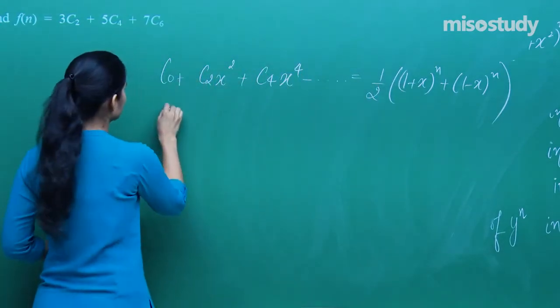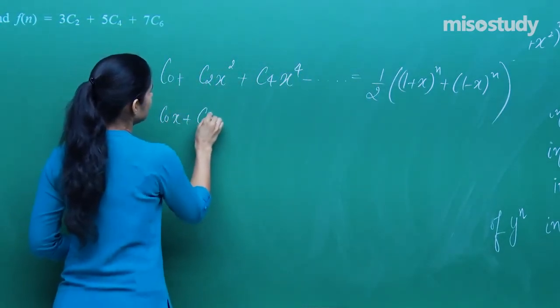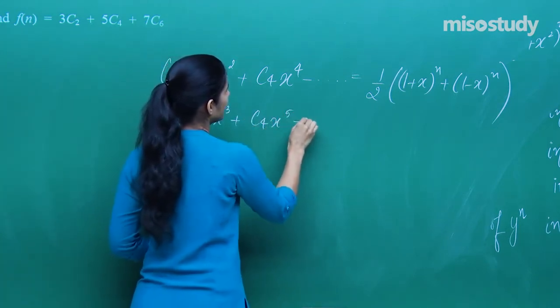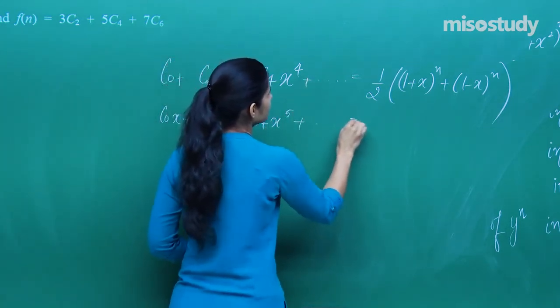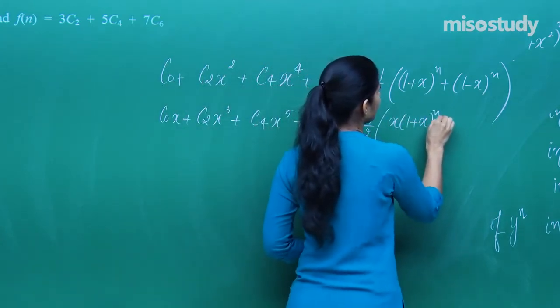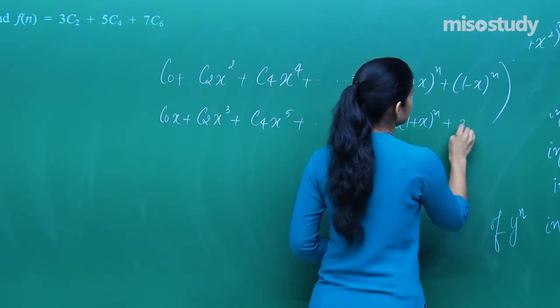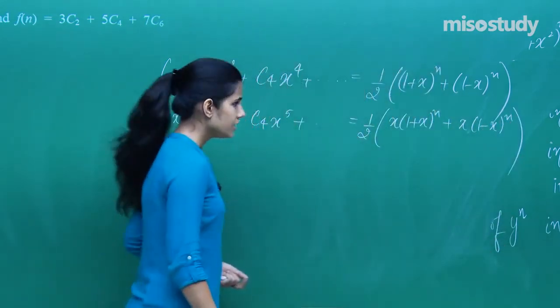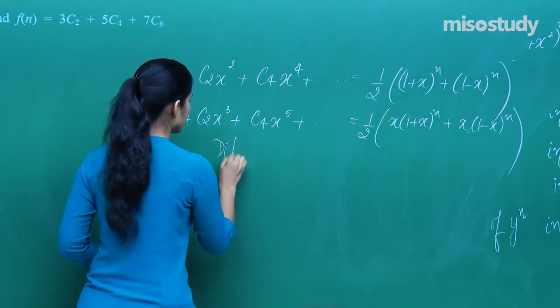Right, multiply x throughout, you get C0x + C2x^3 + C4x^5 and so on, equal to 1/2 [x(1 + x)^n + x(1 - x)^n]. Now you differentiate.